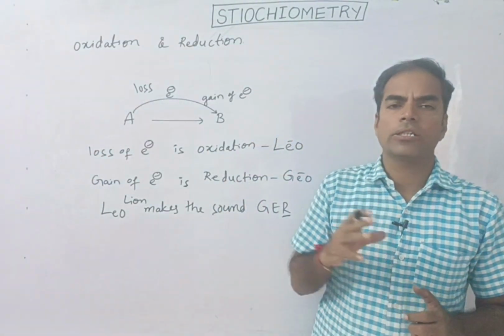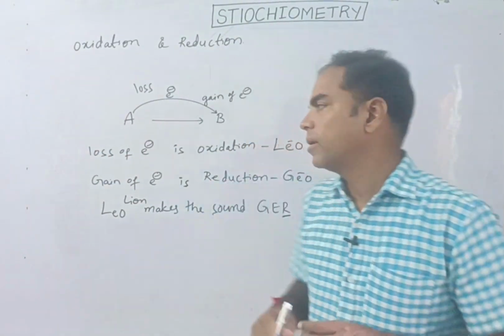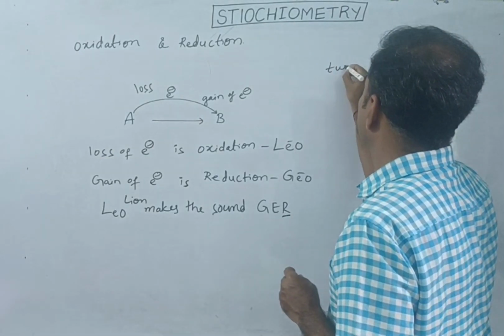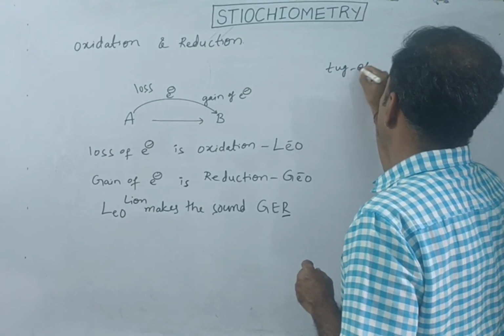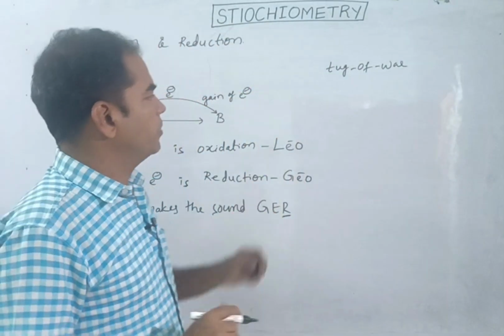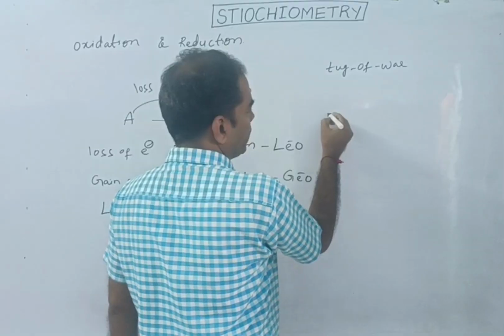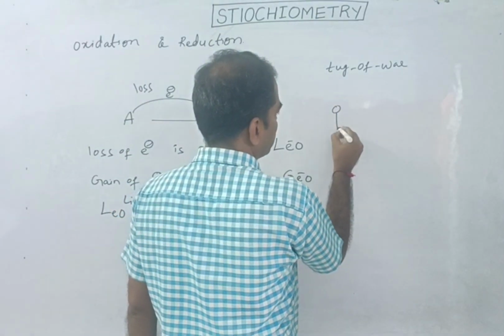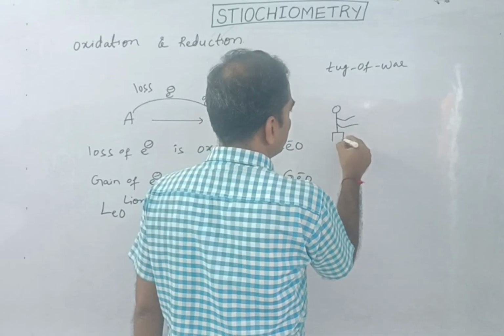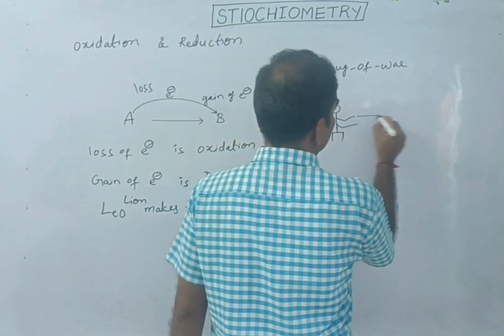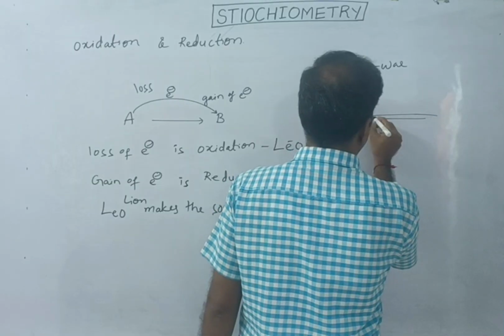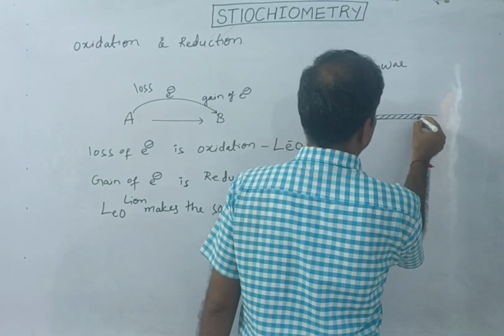To understand oxidation and reduction, take one more example, that is a tug of war game. In a tug of war game there are two teams holding a rope.